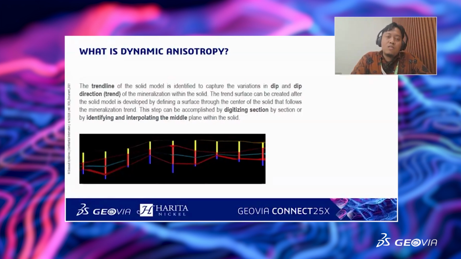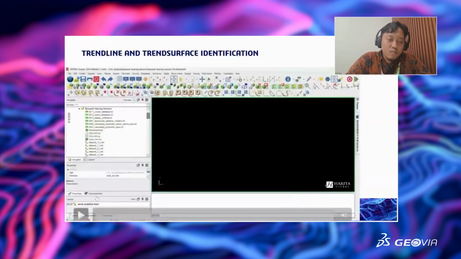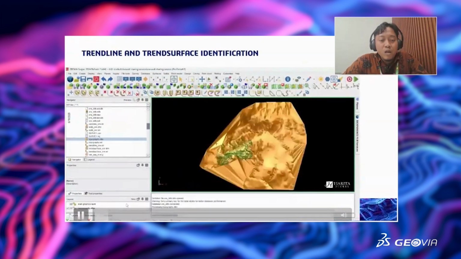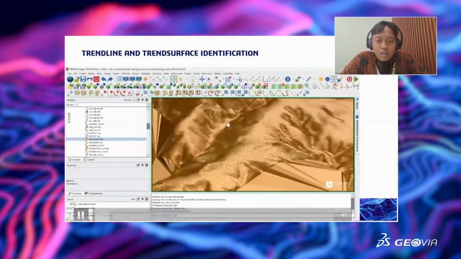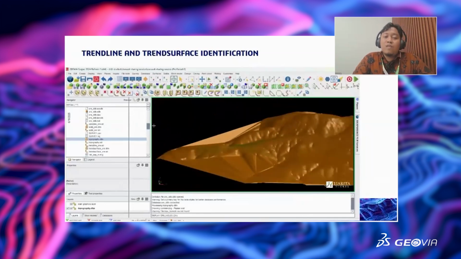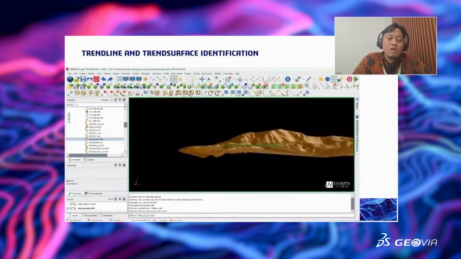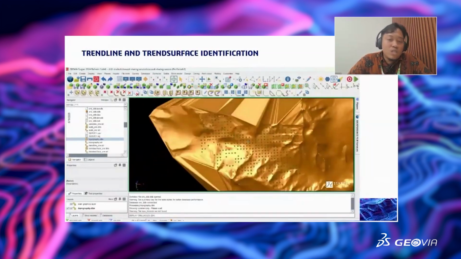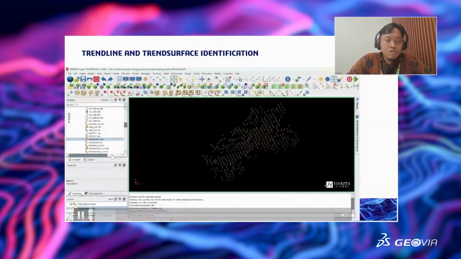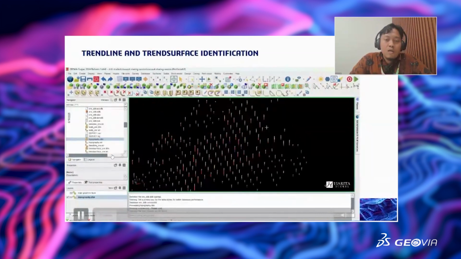Here I will show you how to create this trend line. So here I have this solid model that comes from the drill holes of the nickel laterite, and all of my drill holes are 95 degrees to the surface. The drill spacing is 25 by 25, but not a grid over all of our area.